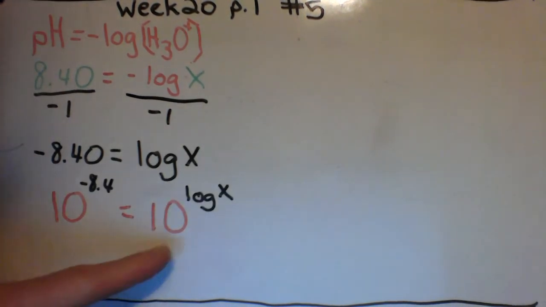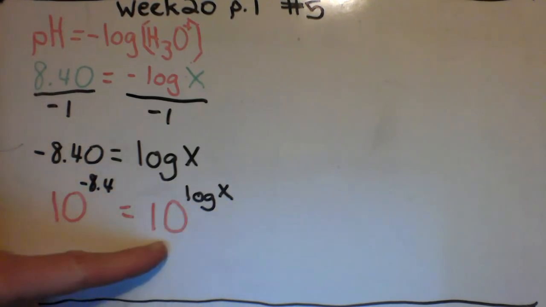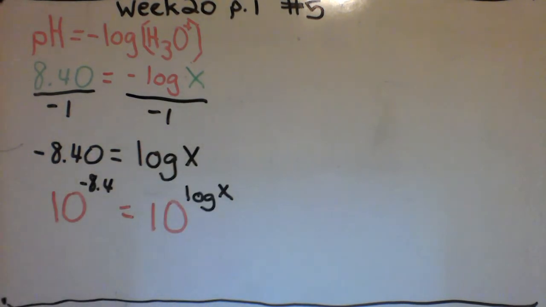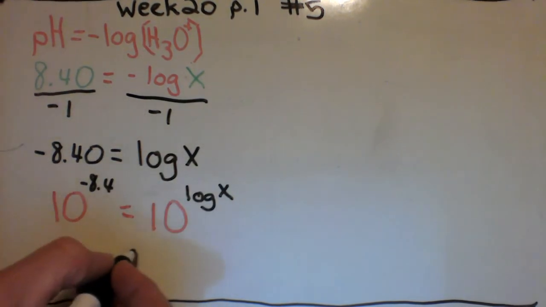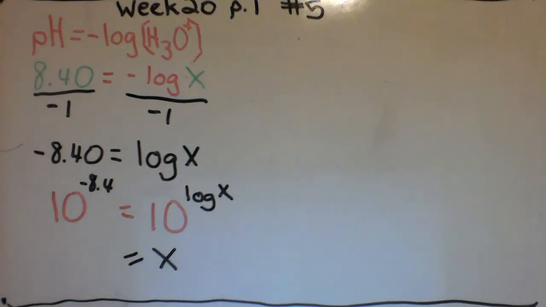Now we'll find if we use log x as an exponent for 10, and you put it into your calculator, that the answer is x. And if you raise 10 to the negative 8.4 power, the answer is 4 times 10 to the negative 9th.